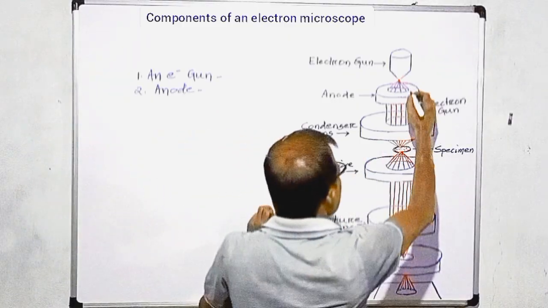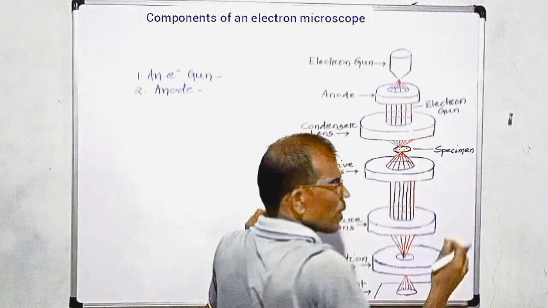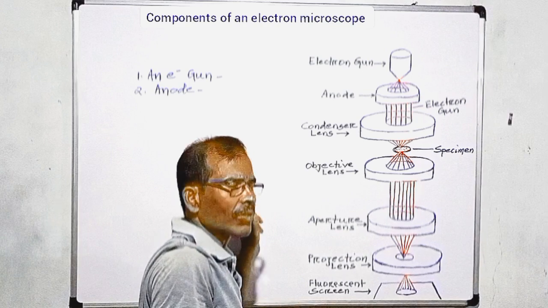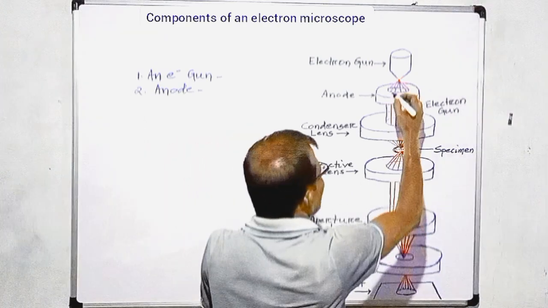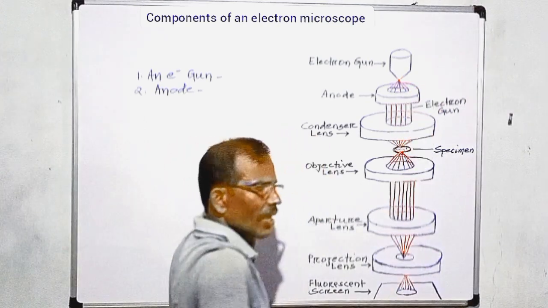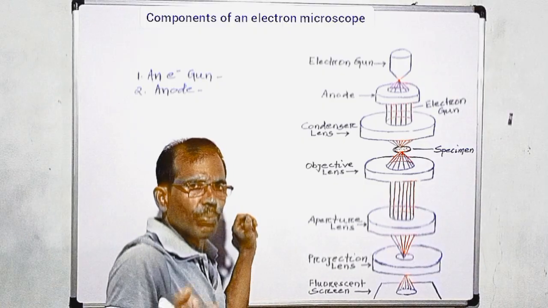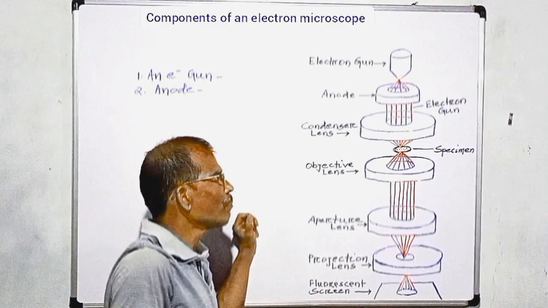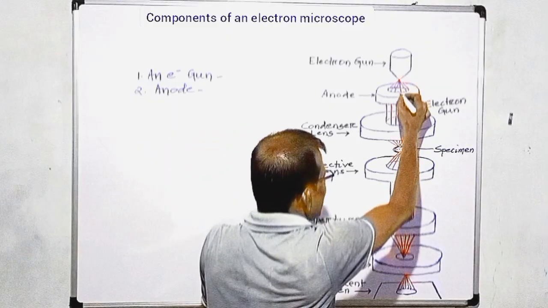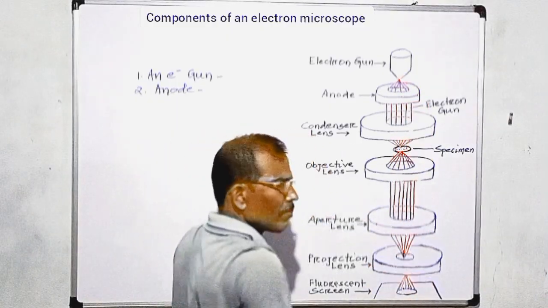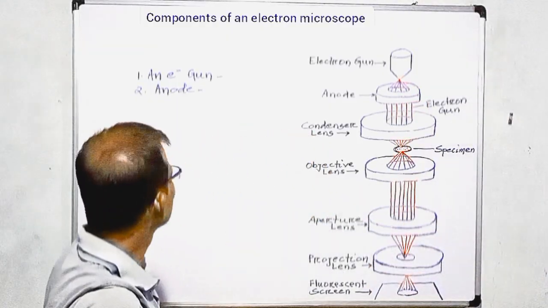It is a positively charged metal plate or an electrode which attracts these electrons, accelerates them and shapes them into a fine electron beam, which is then directed downward the column of the microscope.